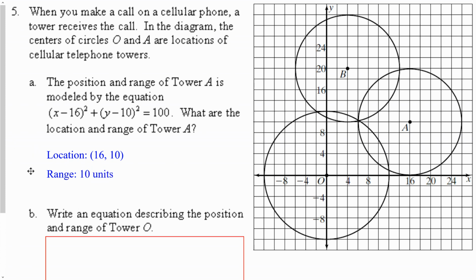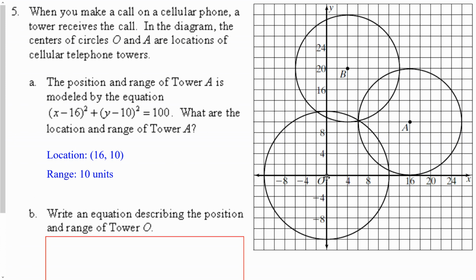Now you have to be careful here because each of these squares on this grid is 2 units if you look at the X and Y axis. So let's go back for a second and talk about the location. (16, 10), what does that mean? Well, depending on how the graph is laid out, in this specific case, we're working from this point O here.